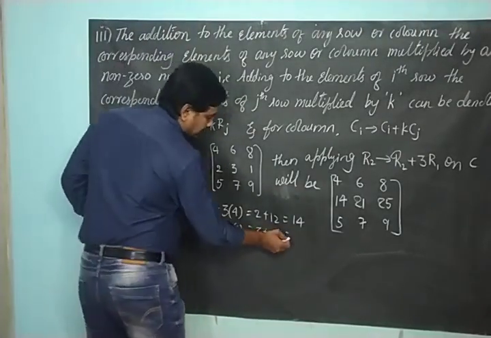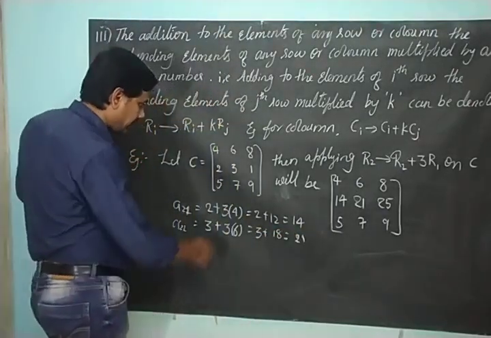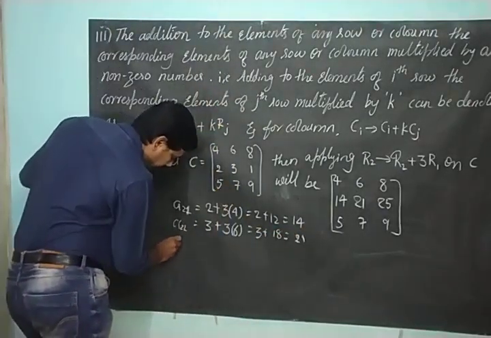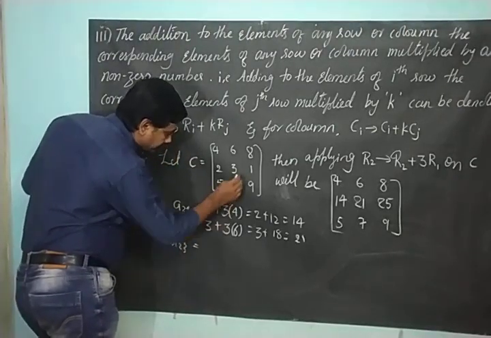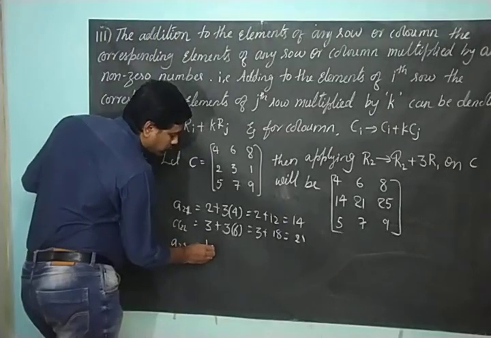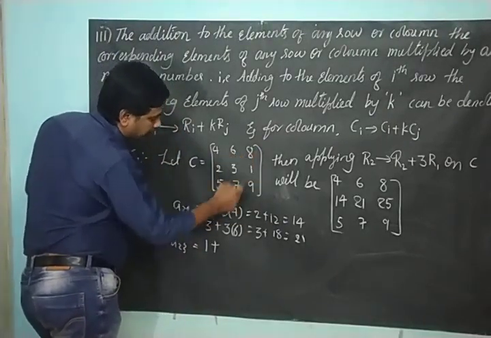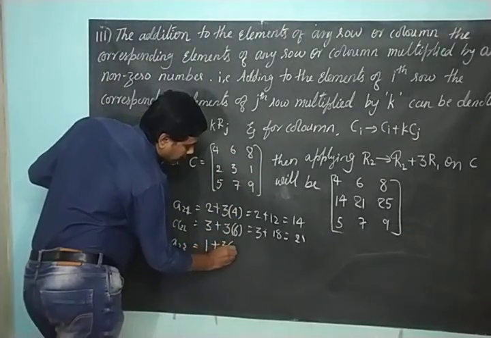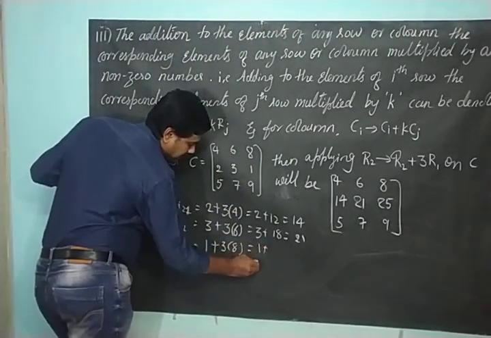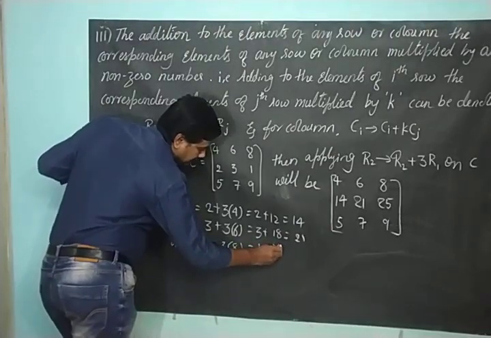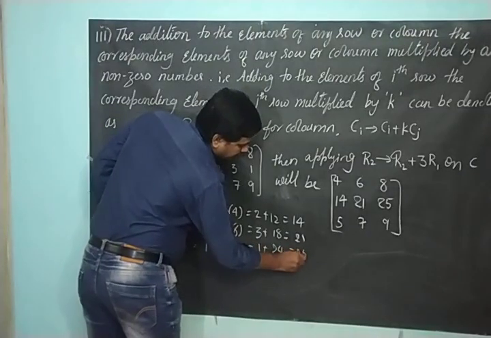What is 3 plus 18? 21. Similarly, the last one, A23. R2 is 1 plus 3 times R1, 3 into 8. So this will be 1 plus 24, which is 25.